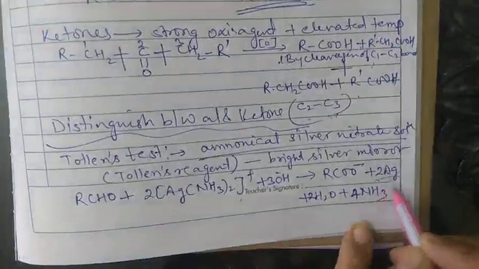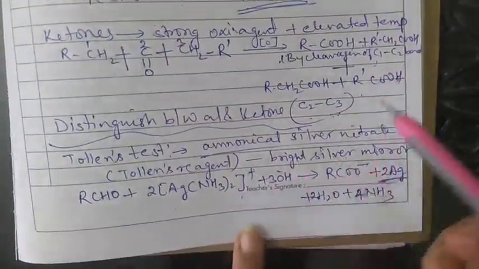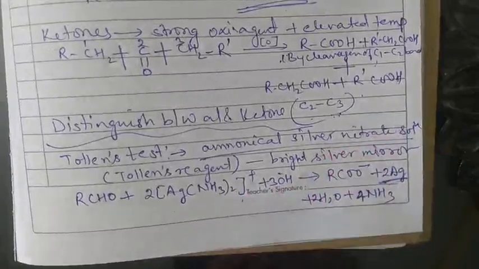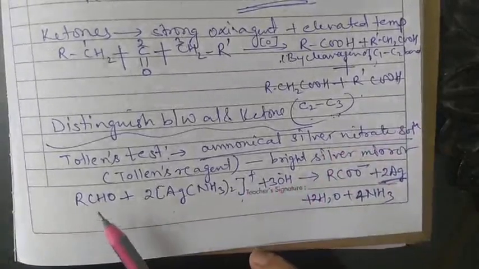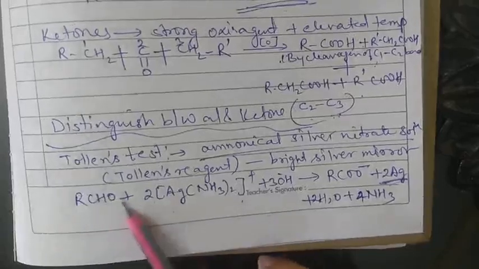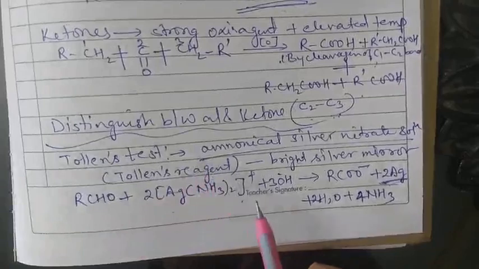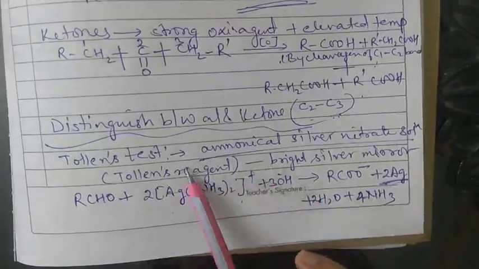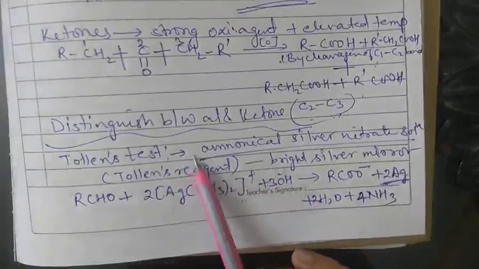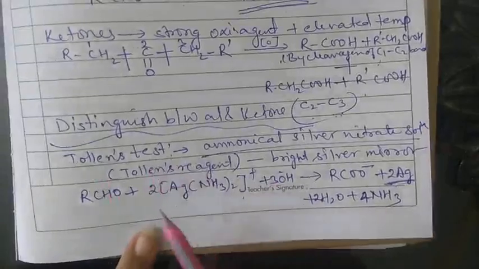Because of the formation of this silver metal, we get a bright silver mirror on the side of the test tube. So aldehydes always give the result with the Tollens reagent, but not with the ketone. The Tollens reagent doesn't give any result with the ketone.